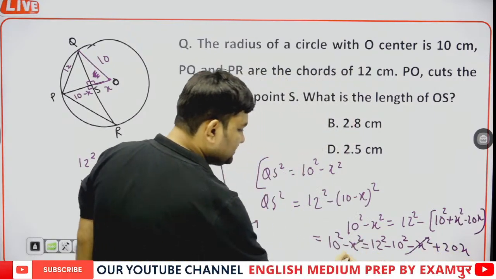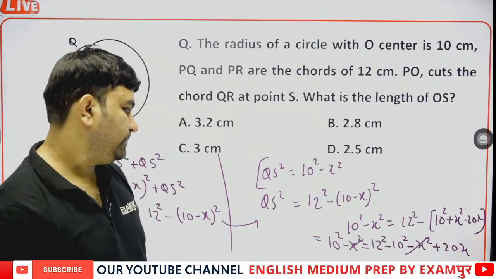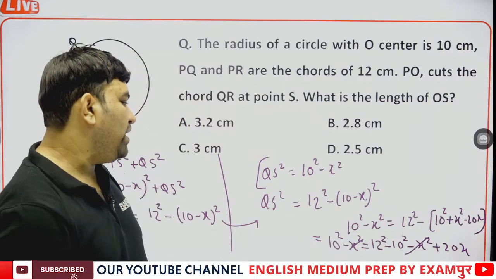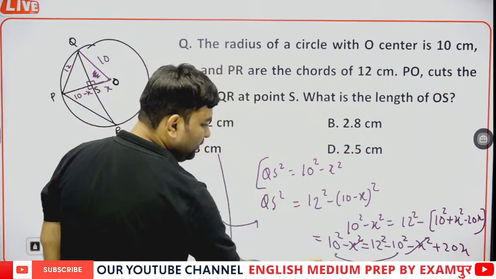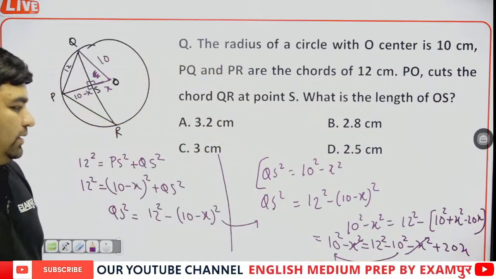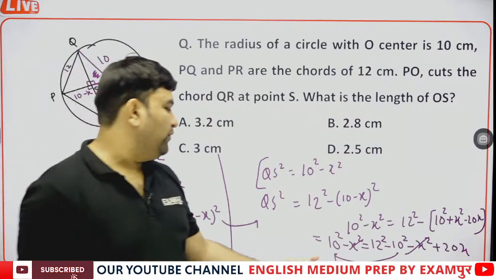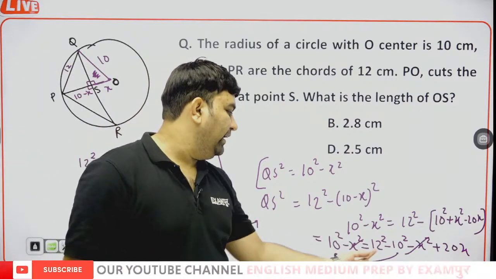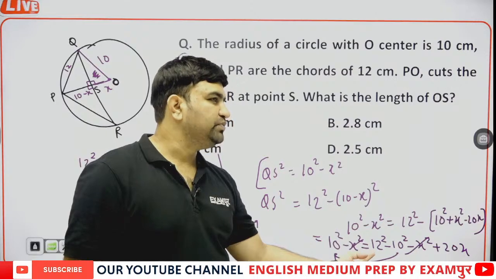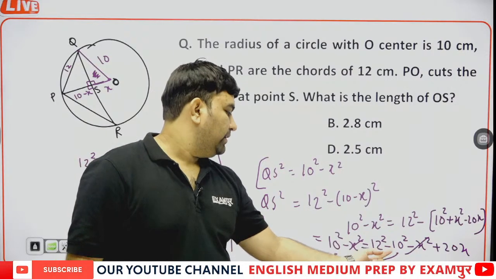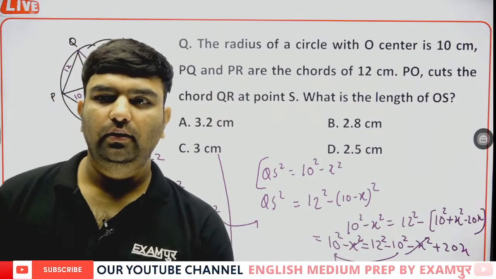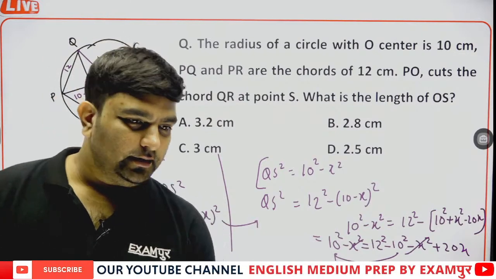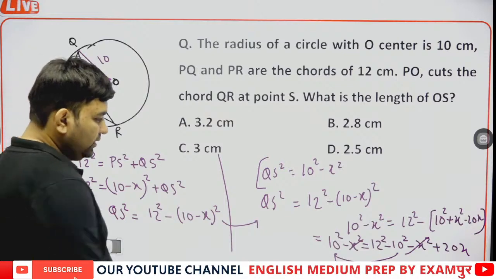X square gone. This minus 10 square will come over here. It will become 100 plus 100 plus 144, which is 344.